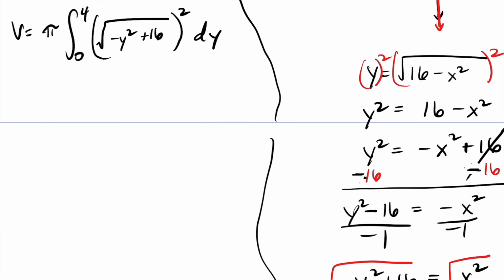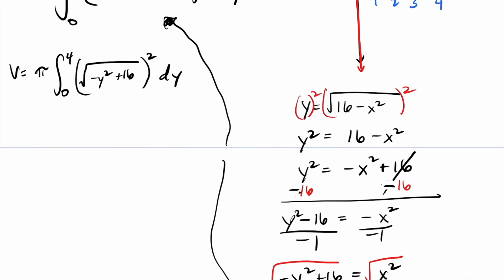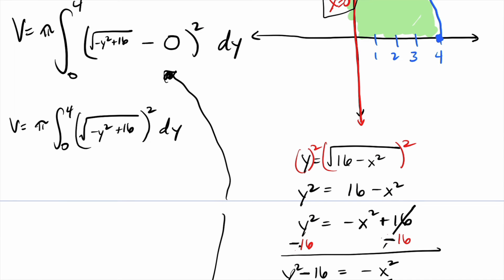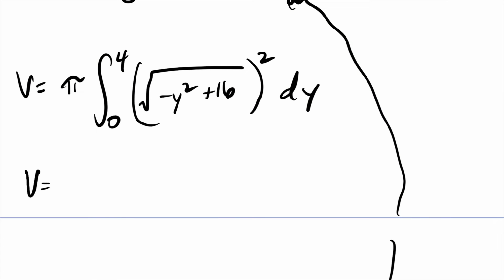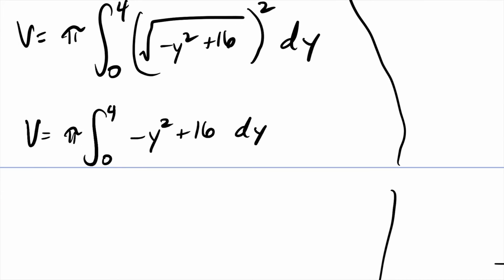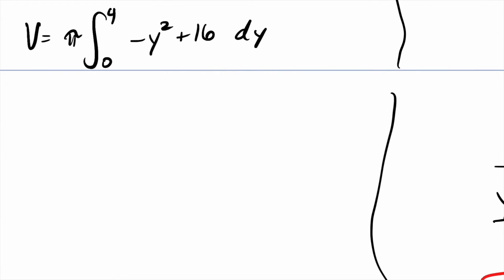So how do I integrate this? How do I find the antiderivative? Well, what about the square root and squared? They're going to cancel each other out. So let me rewrite it, a little easier, so we don't have to deal with the square root. So integrate, like you've done many, many times.